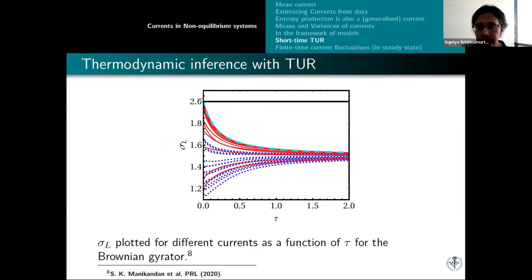The best one gives you the exact entropy production rate, which in this model we can get analytically, and that's 2 here. You see that at very large times, if I chop up my large trajectory into large segments, I get a bound, no doubt about that, but it's actually quite far below the actual entropy. So this dashed blue line is, for every tau, the bound I get from the best current.